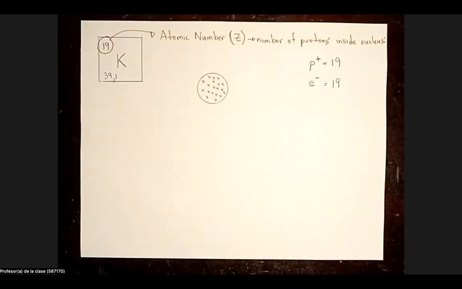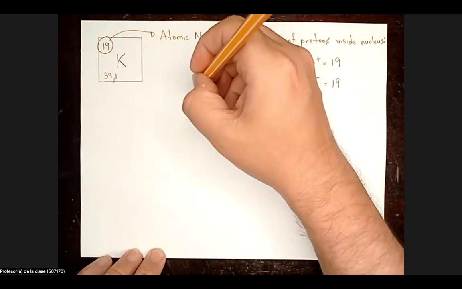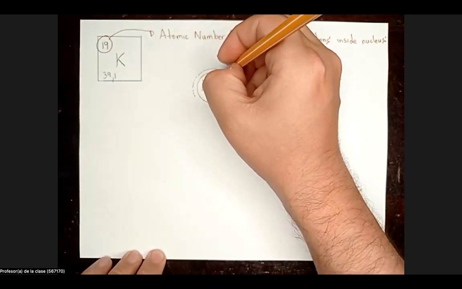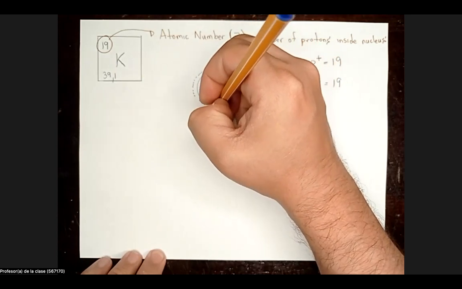Okay, 19 protons inside the nucleus. And of course we need to draw also 19 electrons.